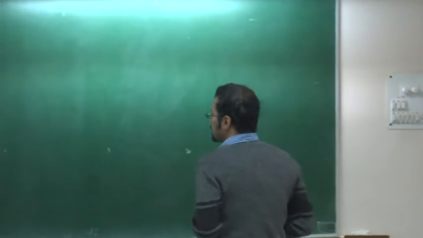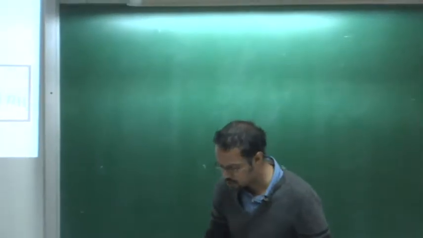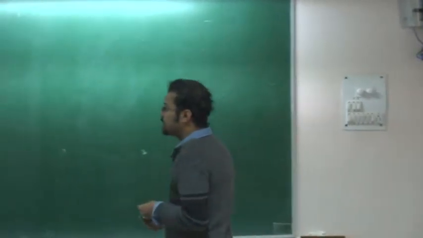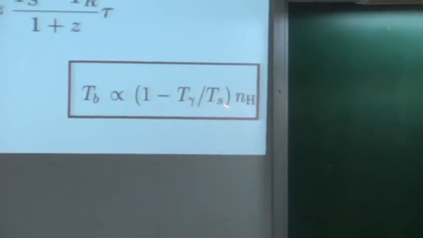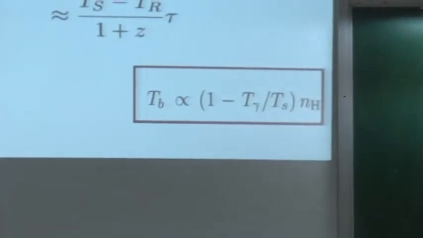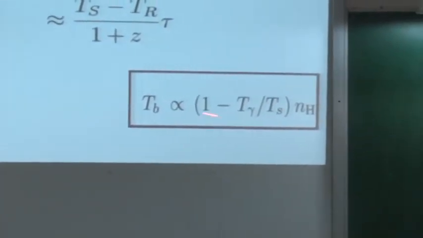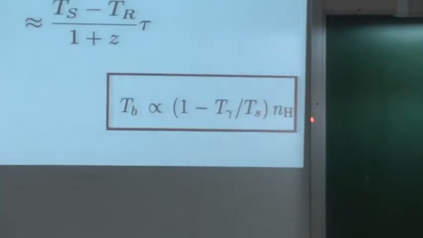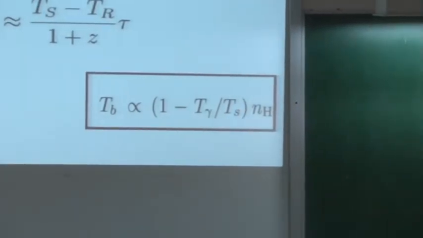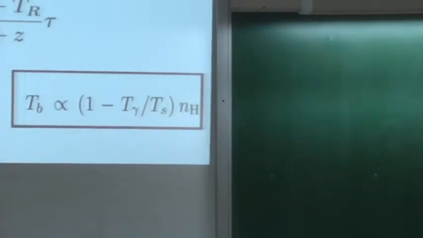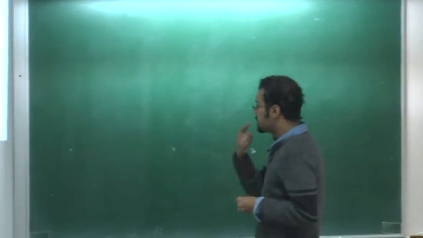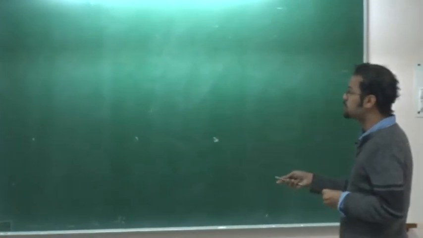Alright, so the important thing is this quantity, which is actually being measured in radio observations. Basically, you can see that this is an interplay between the spin temperature and the CMBR temperature, which of course has the redshift information. And this is the main thing: the brightness temperature is proportional to the number of neutral hydrogen atoms. This is very crucial.